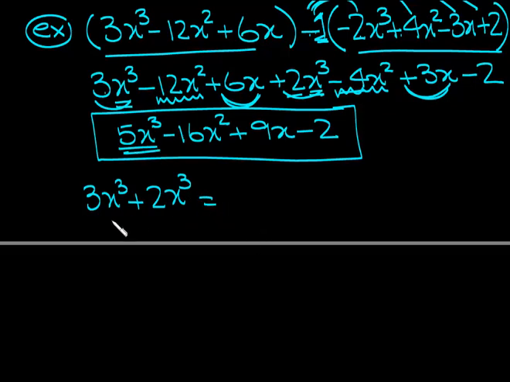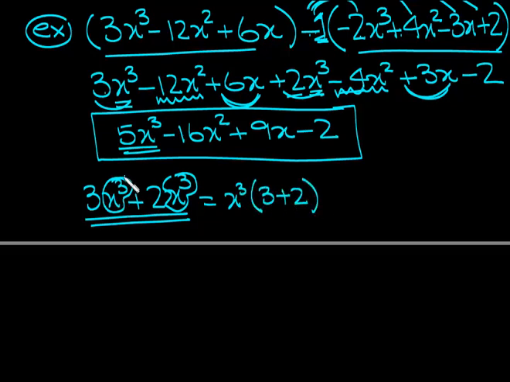Well, if you notice, both of these terms have something in common, which is x cubed. They both have x cubed in them. So I can take that x cubed out, and I'm left with what? 3 plus 2. I took that x cubed out of here, so it's gone, and I took that x cubed out of here, so it's gone. So I'm left with 3 plus 2. What is 3 plus 2? Which is 5. So I get 5x cubed. That's how I get those numbers. So that's how we actually add these coefficients.